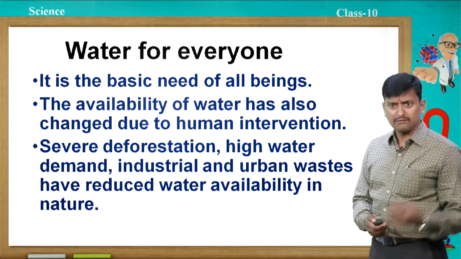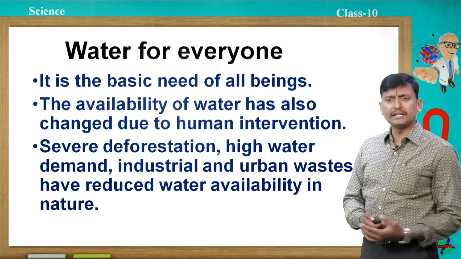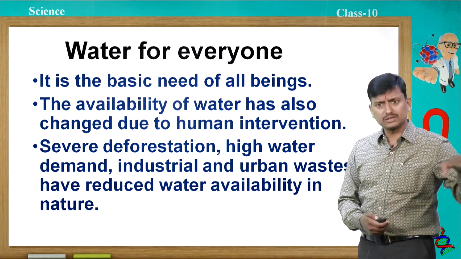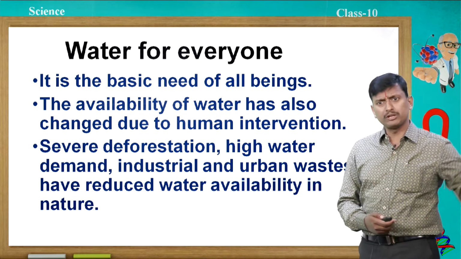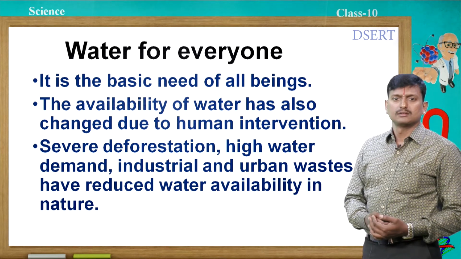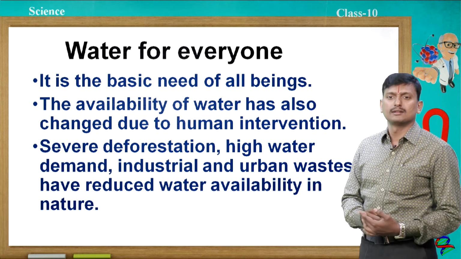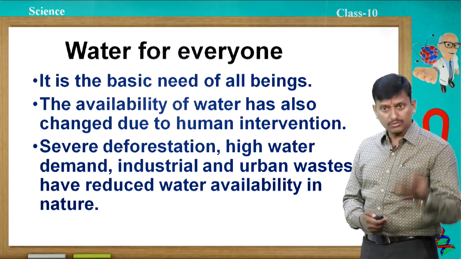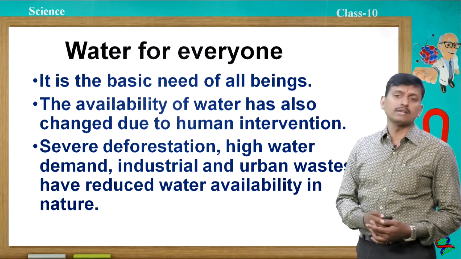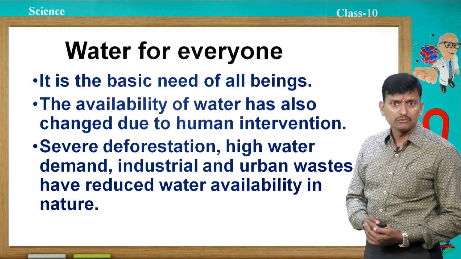We are throwing waste into the river, the lake, the pond. Many industries are built on the banks of rivers, so all the pollutants mix with the river water. That water comes to us through the bore well, and we are consuming it. Also, we are suffering from a lot of diseases due to this contaminated water.